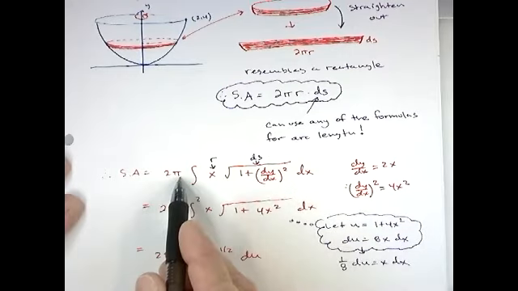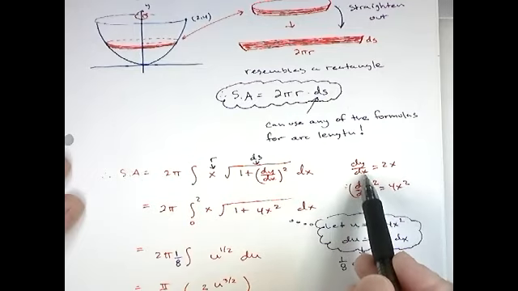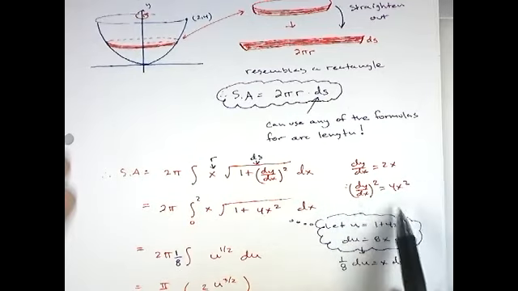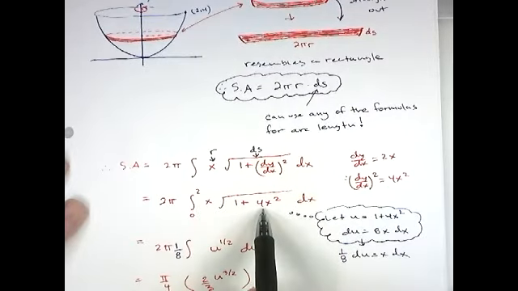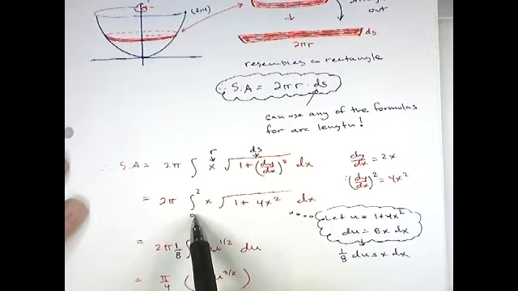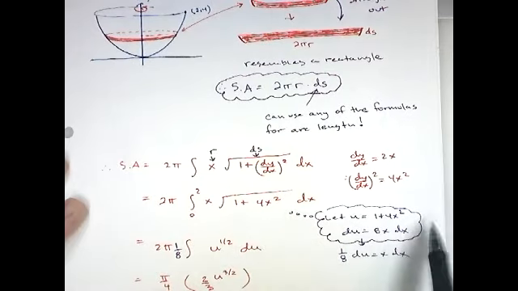2 pi is a constant, so we can pull that out. The derivative of x squared is 2x. We have to square it, so that gives me 4x squared. Put that in there. And we were given in the problem, x went from 0 to 2. And here's a good time to use u substitution.